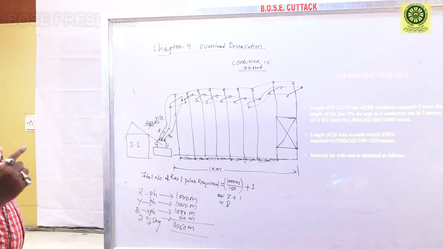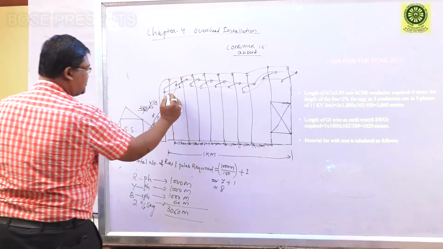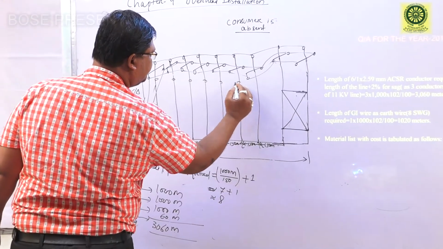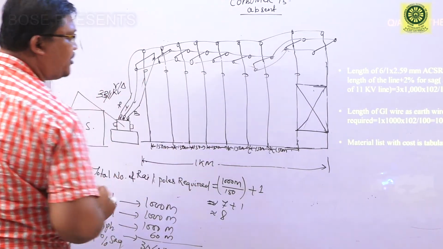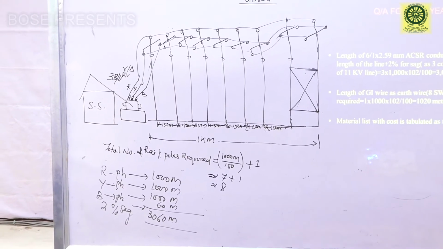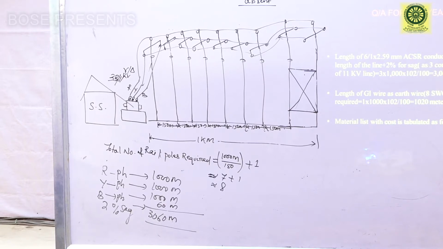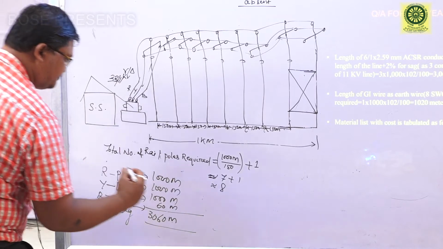Then after that we have to calculate for the earth wire. Here the earth wire clamp, and here the earth wire is connected. The earth wire will be of the same 1 kilometer length, meaning 8 SWG earth wire required.